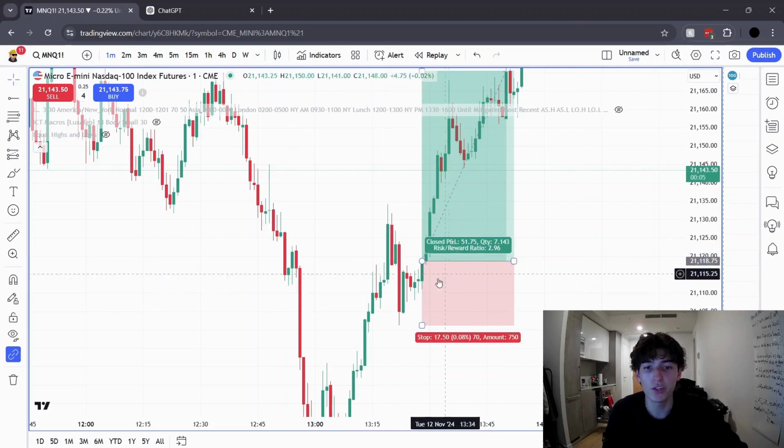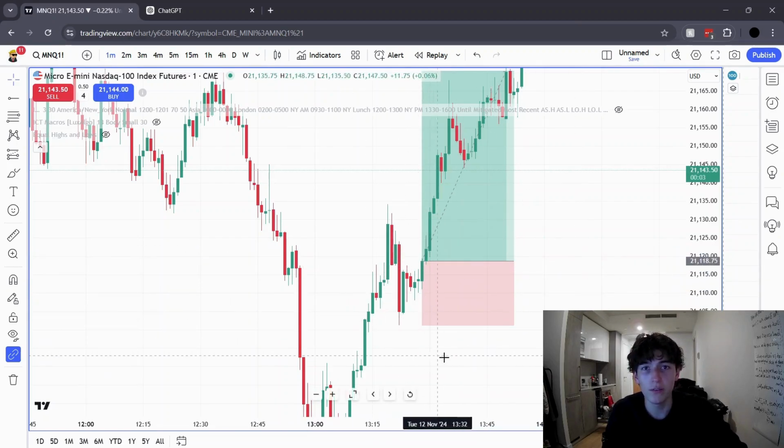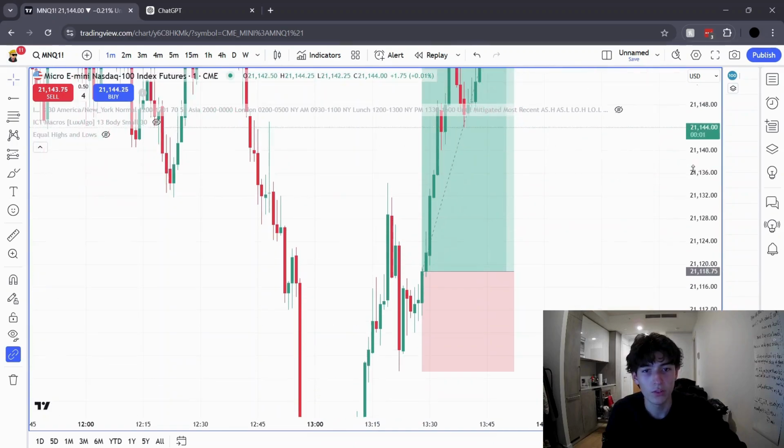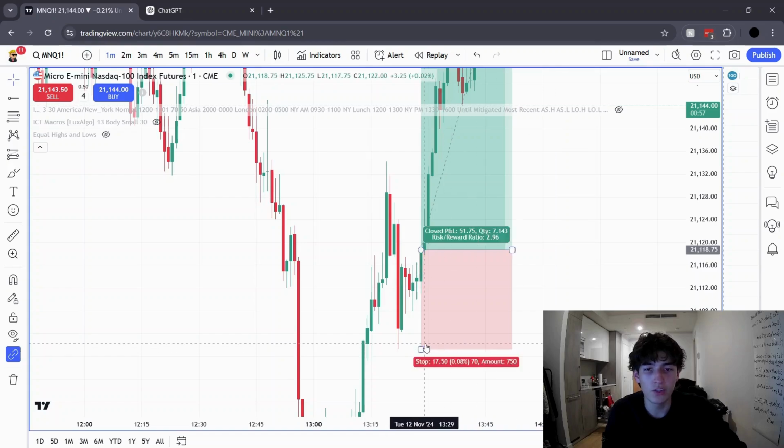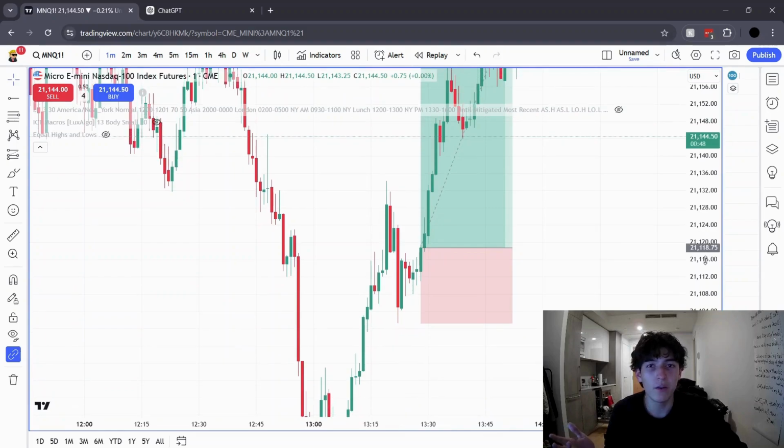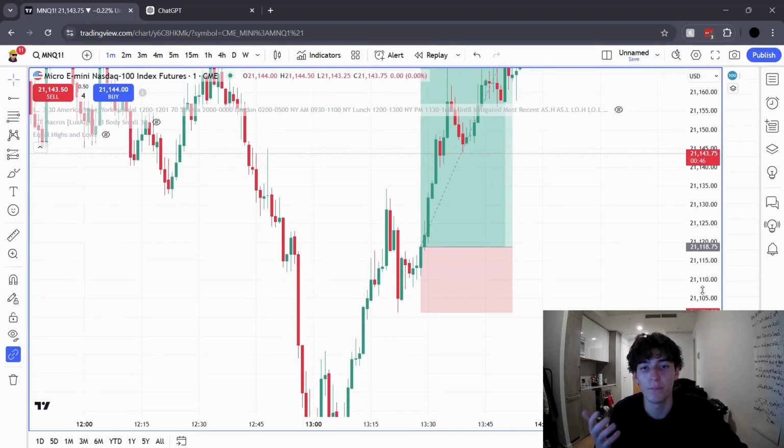If market's actually bearish, it's going to want to target this liquidity, right? So by setting your stop here, if market does go down to take this liquidity, then my bias was wrong, because that'd be a bearish reaction.